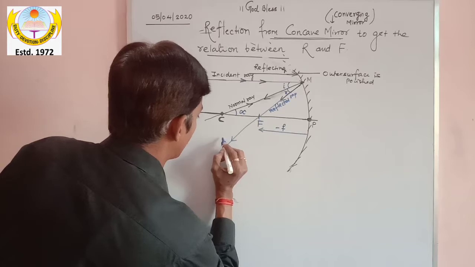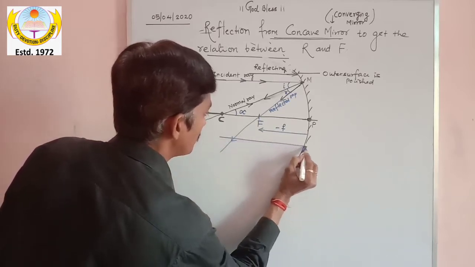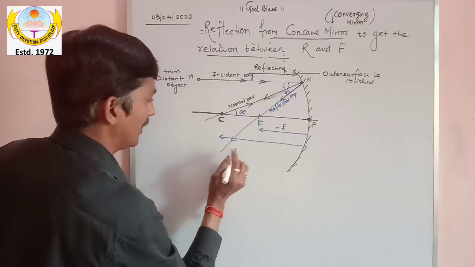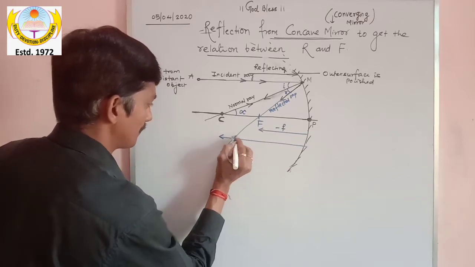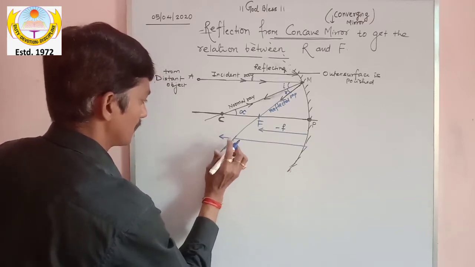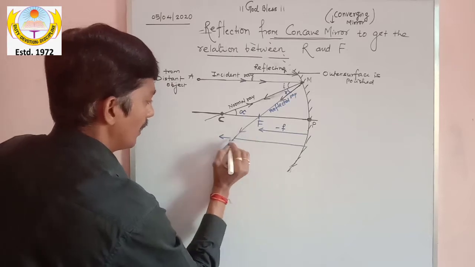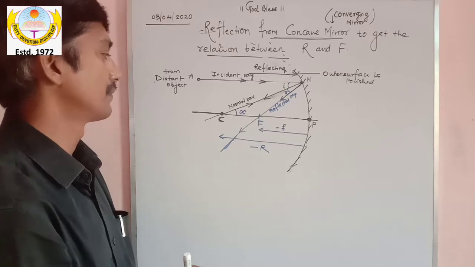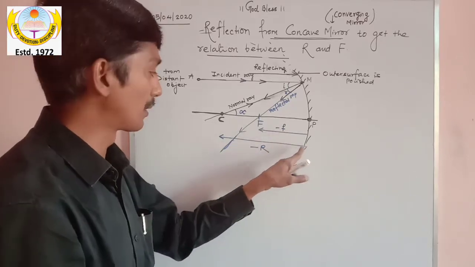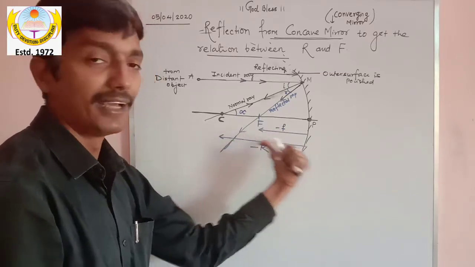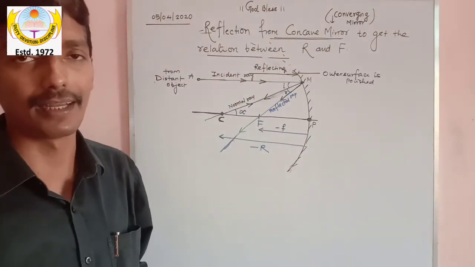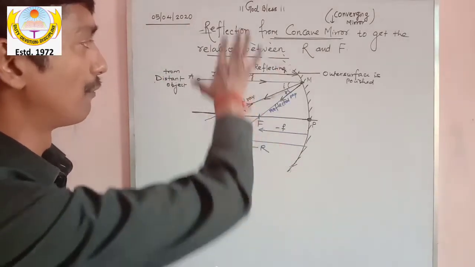Similarly, my dear, the distance from this pole to the center of curvature, till here, is your minus R. This is minus R because this distance is also measured opposite to the direction of the incident ray. So this is the complete diagram for this topic.